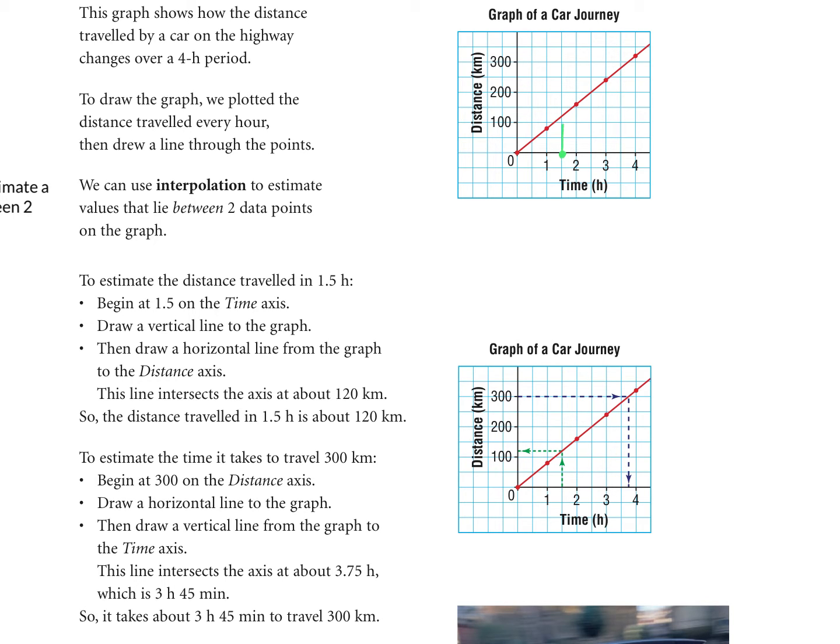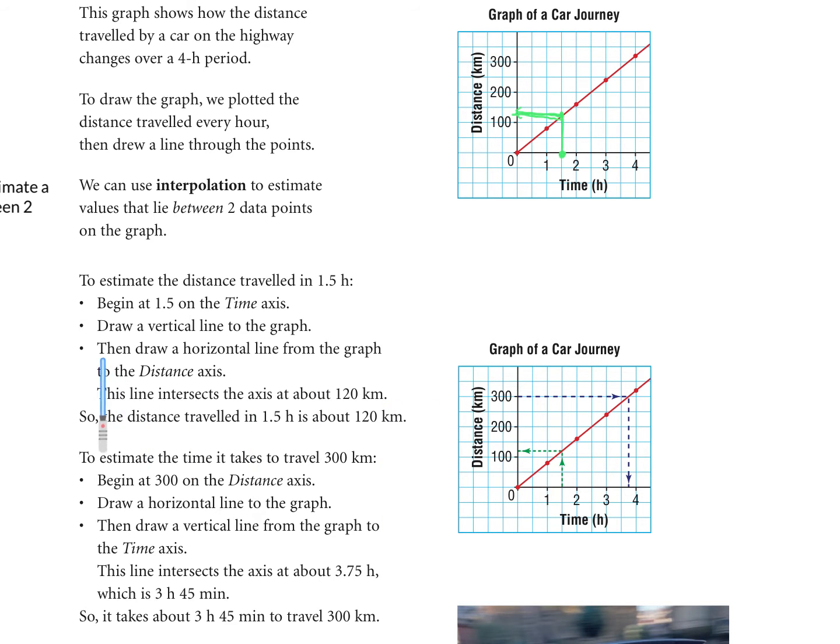Then they go up to where it meets the line and come straight across to get an estimate of how far they traveled after 1.5 hours. You can see that it is a little over 100, but not quite 150. They say here that it is about 120 kilometers. So that's a good estimate, 120.